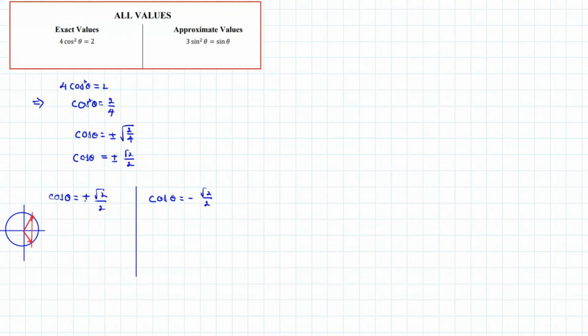So the remaining angle is, this one is a negative pi over 4.